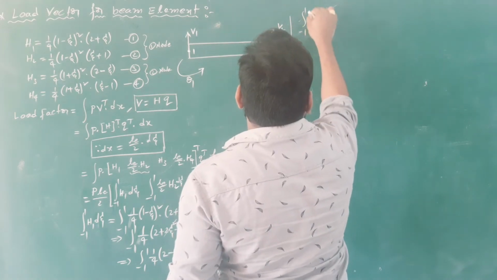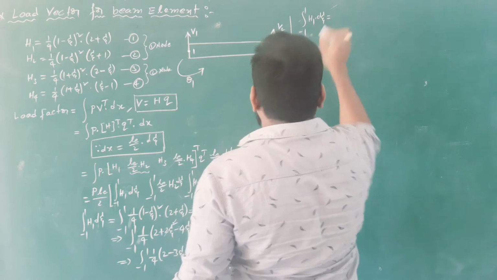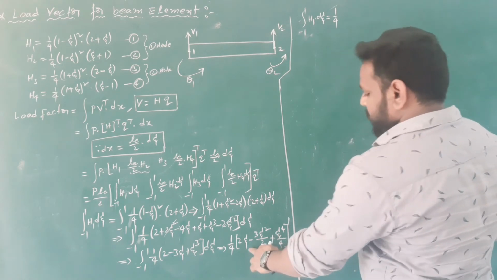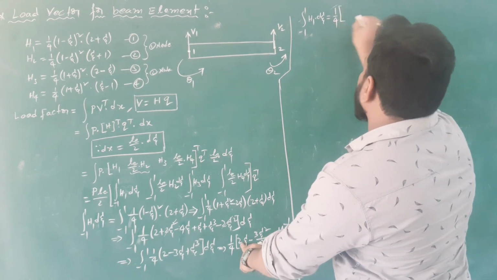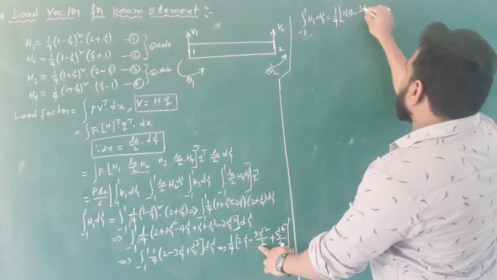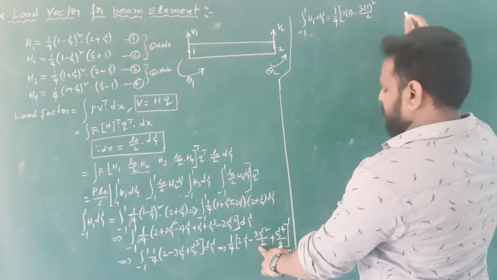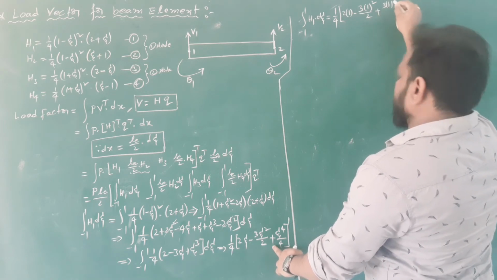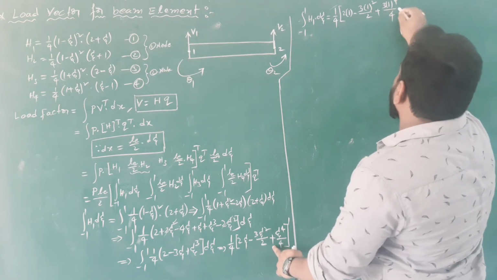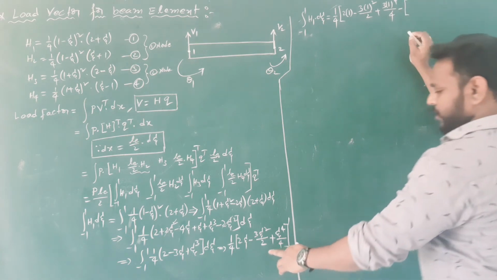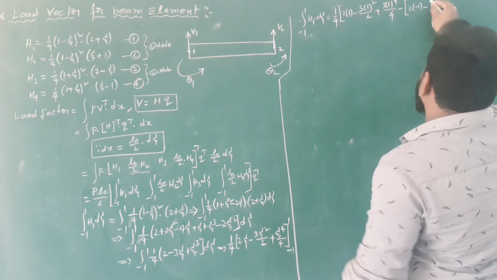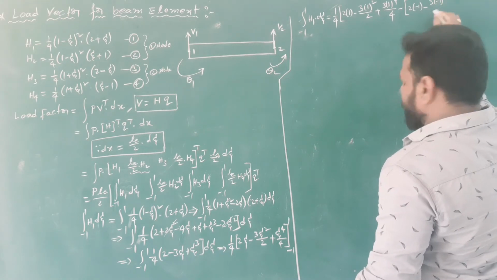Integral of minus 1 to 1 h1 dz is equal to how much? 1 by 4 into, applying the upper limit, 2 into 1 minus 3 into 1 whole square by 2 plus 1 power 4 by 4, minus the lower limit, that is 2 into minus 1 minus 3 into minus 1 whole square by 2.